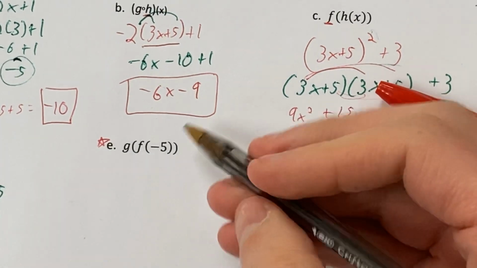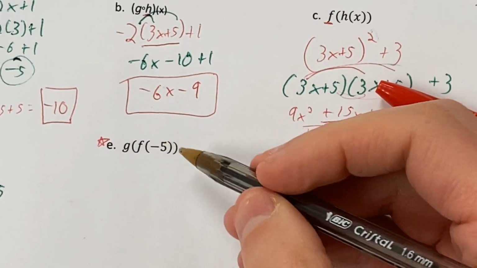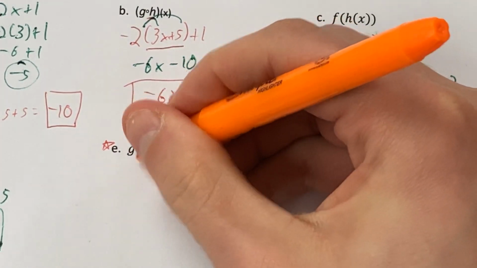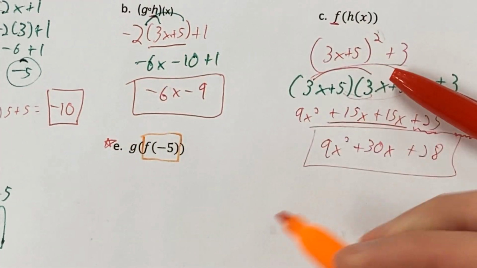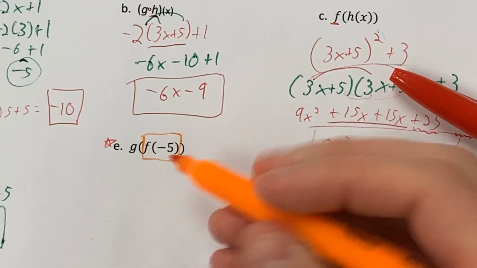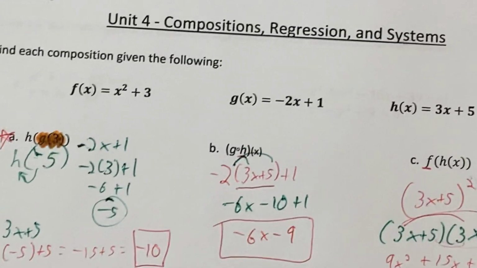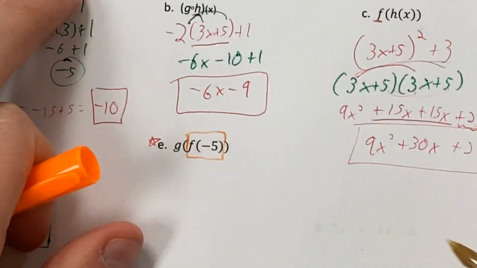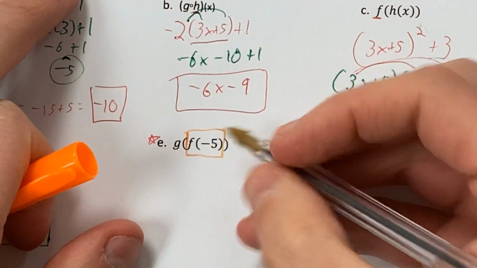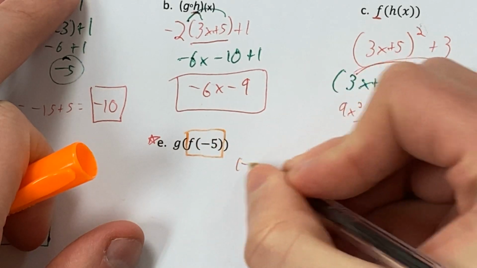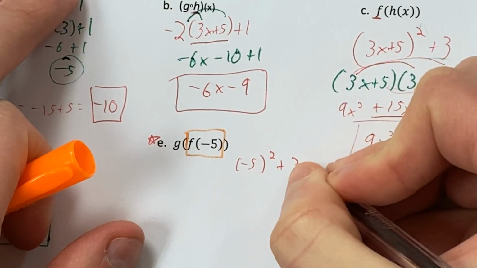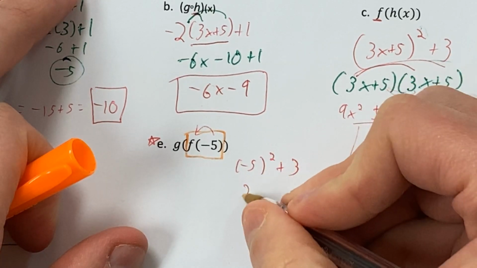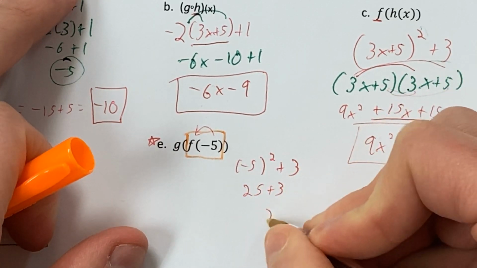Back to this one. This is another one with a number, and with a number one you find that middle part first. Find f of negative 5. If you go back up here, f is x squared plus 3. So you would do negative 5 squared plus 3. Plug in negative 5 to f. This is going to be 25 plus 3, which is 28.